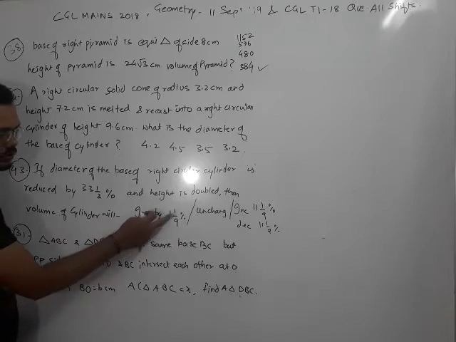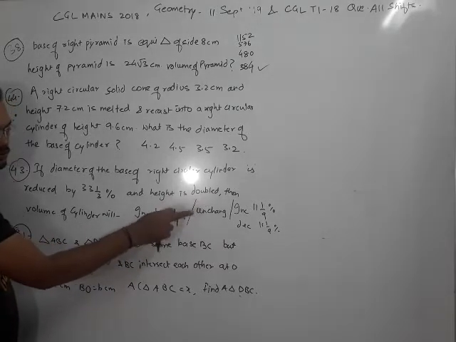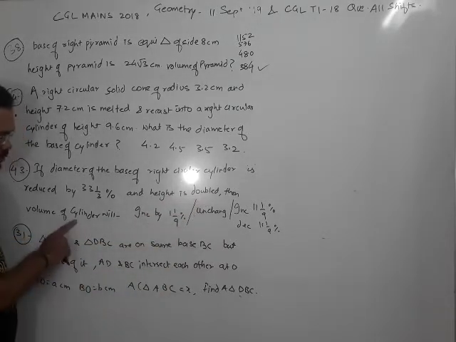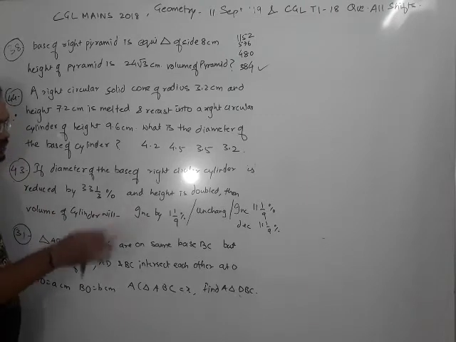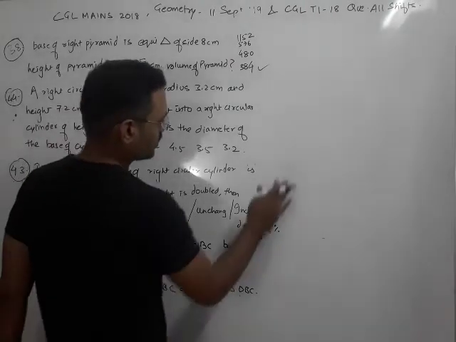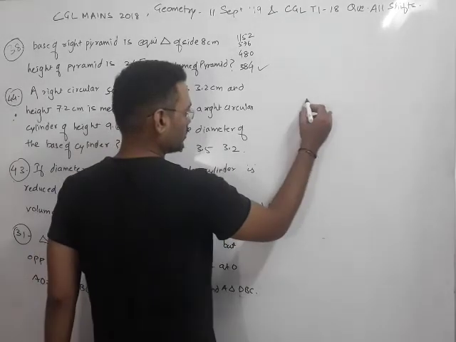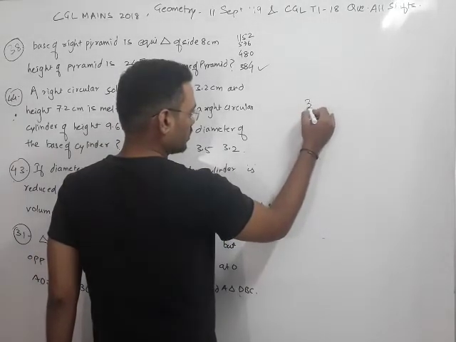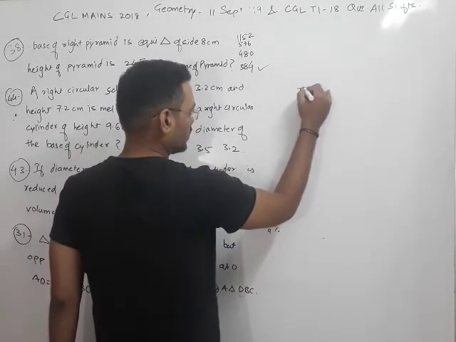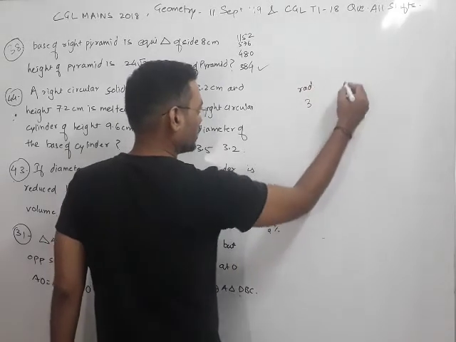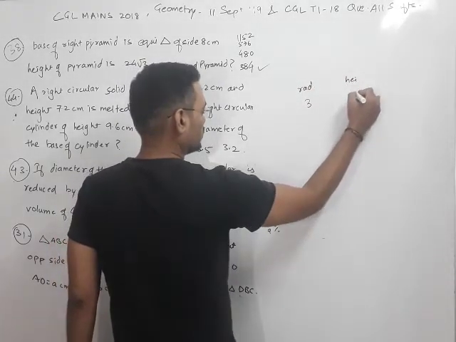Increased by this much, unchanged, increased by this much, or decreased. What is the best way to do it? Conventional way, we will not talk about it. The best way is take radius as 3 and height as 1.